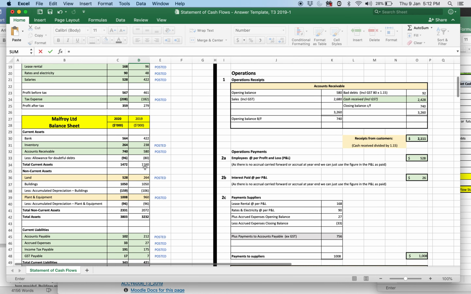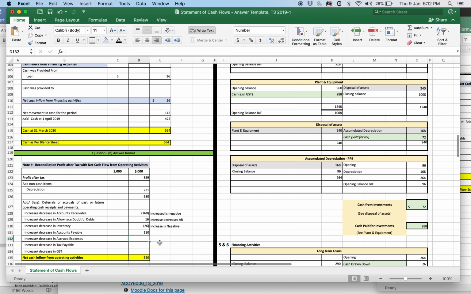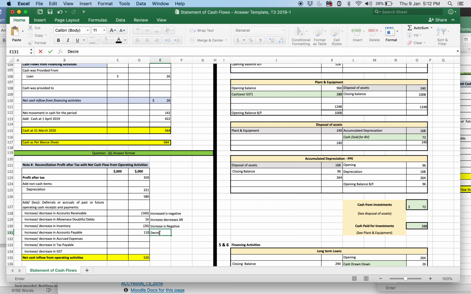We started off with more accounts payable. Decrease is positive. All right, so basically more people have paid us. That's a good move. Okay, accrued expenses.